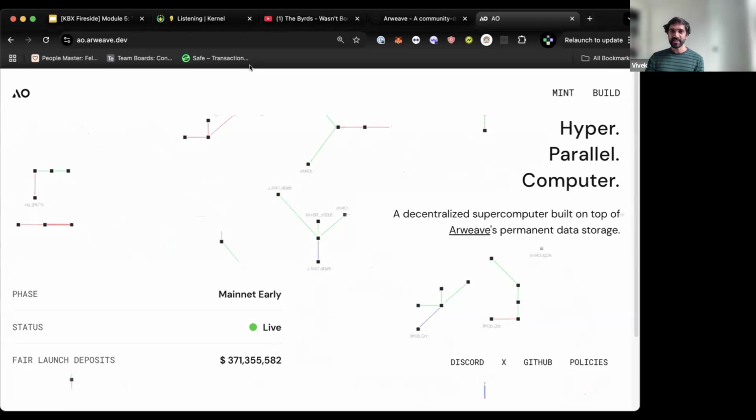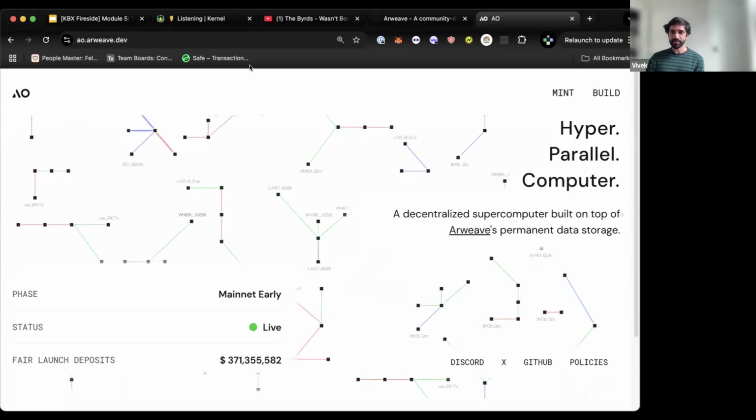And this supercomputer is quite unique even within crypto. It is not a blockchain.